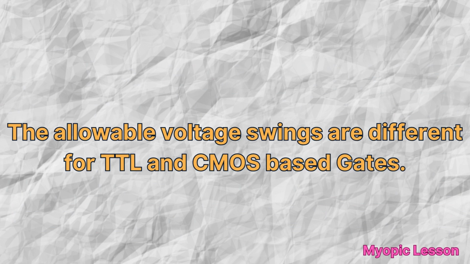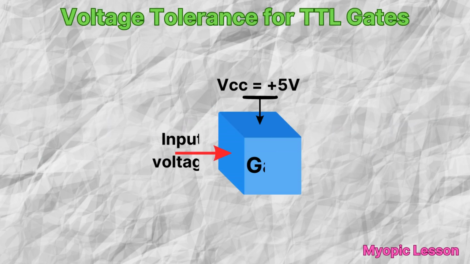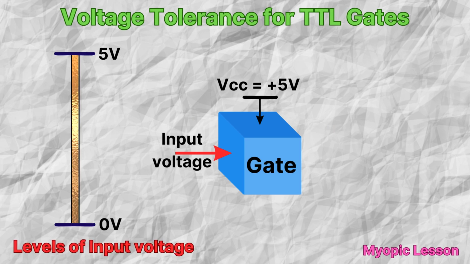Now we will investigate the tolerance of voltage for TTL gates, especially when the power supply to the gate is 5 volt, and we investigate the tolerance at the input terminal. 2 to 5 volt is treated as high or logic 1.